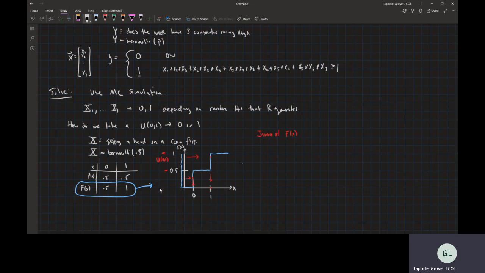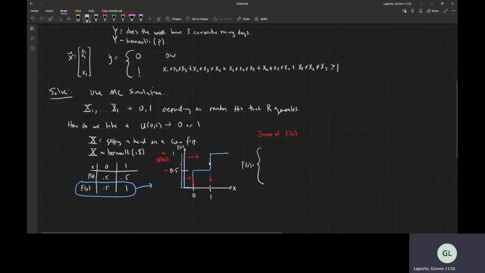And I don't think I've written out what f of x is. So in this particular case, we could do it just by looking at the graph. Obviously, if u is between 0 and 0.5, then we want x to be 0. If u is between 0.5 and 1, then we want x to be 1. So that's a pretty easy way of looking at it.